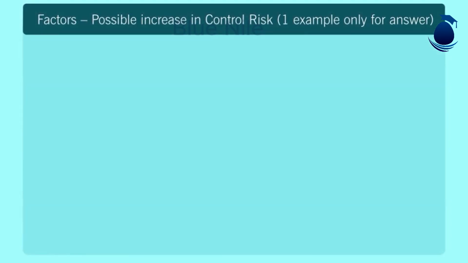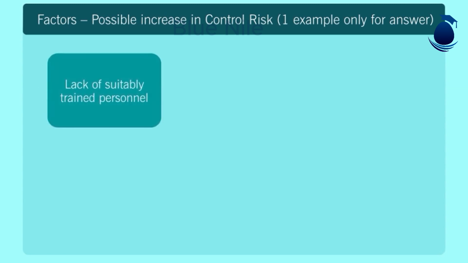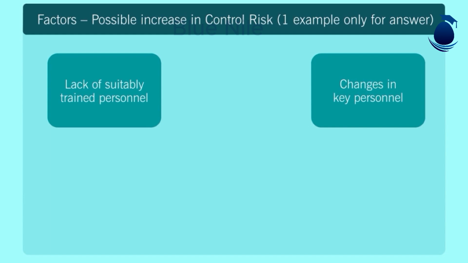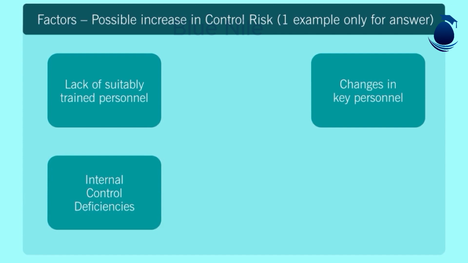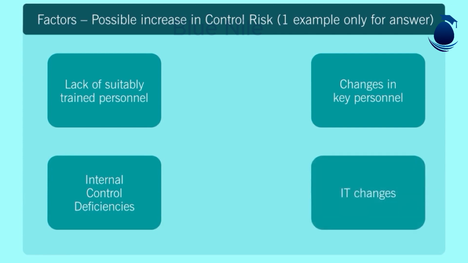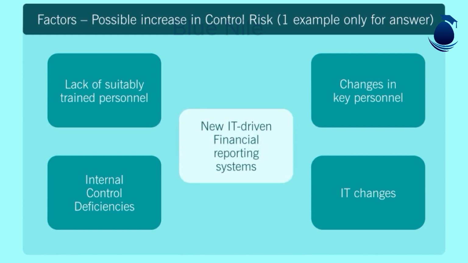Examples of factors which could result in an increase in control risk are a lack of personnel with appropriate accounting and financial reporting skills, changes in key personnel, including departure of key management, deficiencies in internal control, especially those not addressed by management, changes in the information technology environment, and the installation of significant new IT systems related to financial reporting.